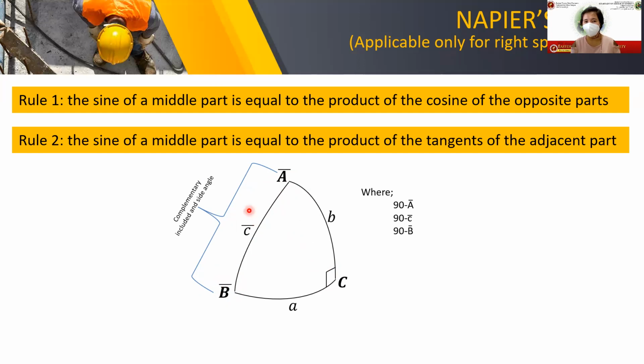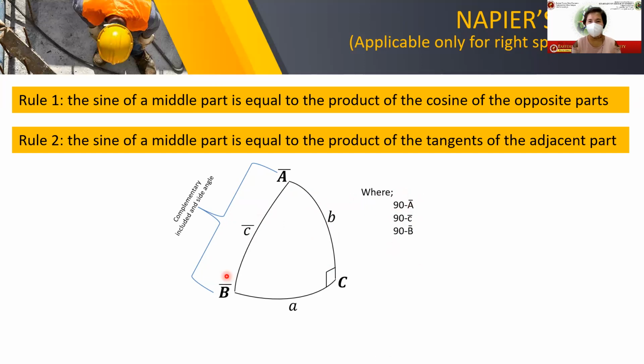Take note that the complementary is 90 degrees. So A dash is equivalent to 90 minus A, 90 minus C for this one, and 90 minus B. If you are going to compute the value of A, B, and C, you need to subtract from 90 degrees.